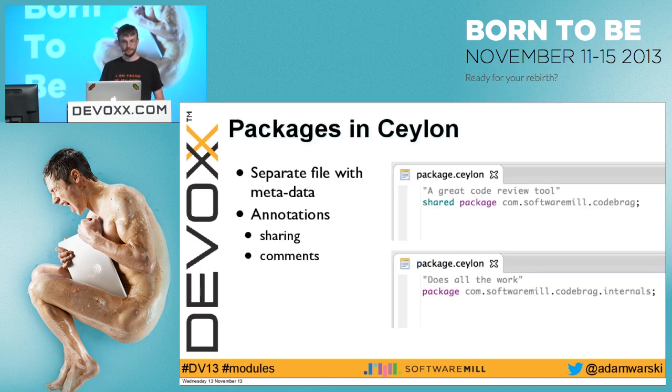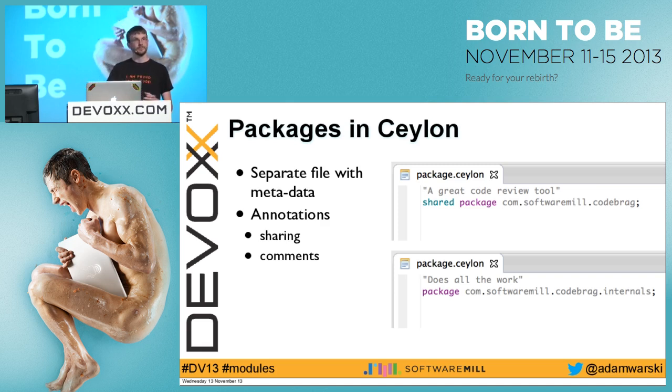Now, packages. Packages can be described in a separate file with metadata. The file is called package.ceylon, right? And the file should be put right where the package sits. This file can contain two pieces of information. We can annotate it with some documentation saying what the package actually does.